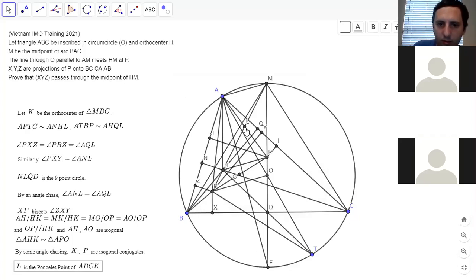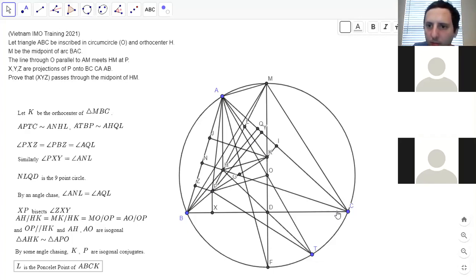So let's see. If you look at ABK, L lies on the 9-point circle of that because L is the midpoint of AK. And then ACK, it lies on the 9-point circle of that. And then BCK, we want to show it lies on the 9-point circle.